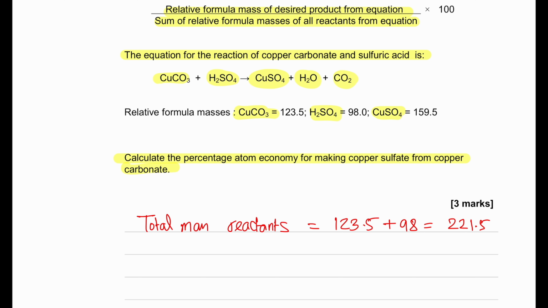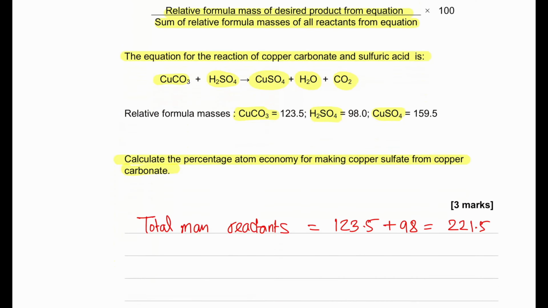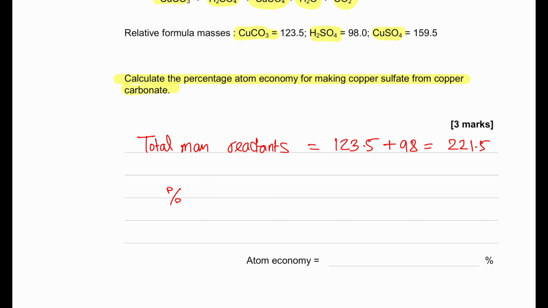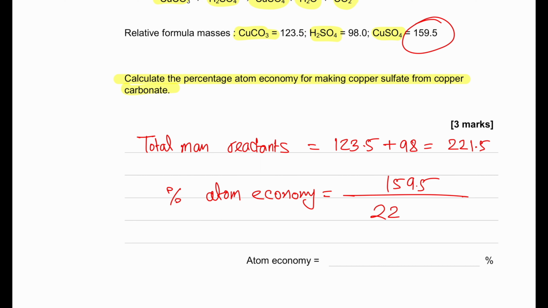So when we are going to do percentage atom economy, our mass of desired product is 159.5, which is divided by 221.5 times 100%. This gives us 72%.